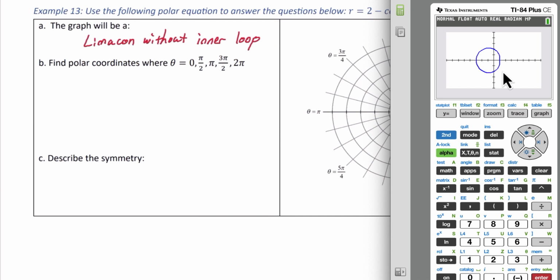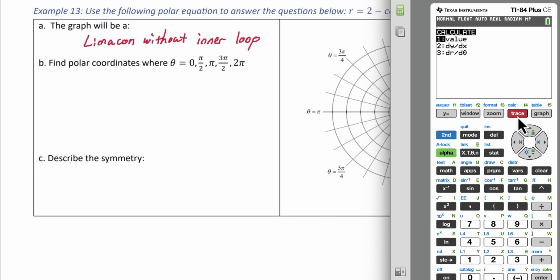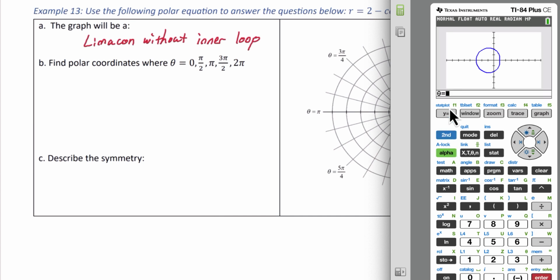Now that we have this, let's plug in some values for theta to find the corresponding r values. Second trace, then we want value number 1. Theta, let's say, is 0, hit enter, and we get our value of 1. So we have 1, 0. R is 1, theta is 0. Second trace value, let's make theta pi halves. So second pi divided by 2. Here we get an r value of 2.